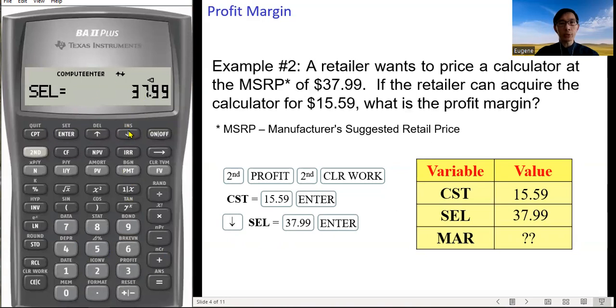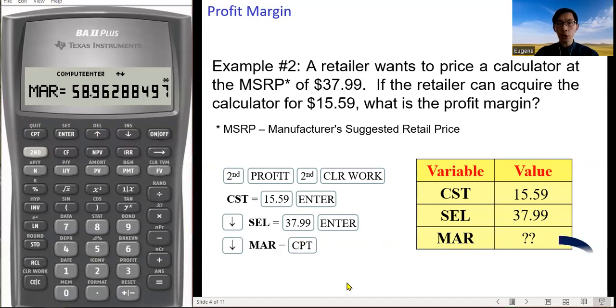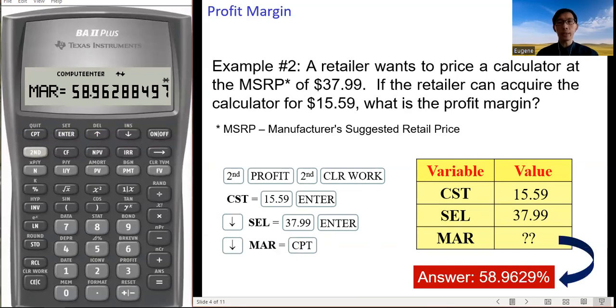And then press the down arrow to get to the variable MAR. We are going to compute this variable by pressing the CPT button. And we get the profit margin, 58.9629%. Let's move on to the next one.